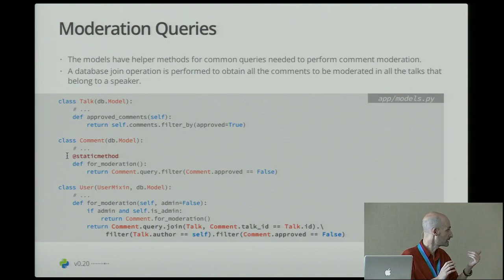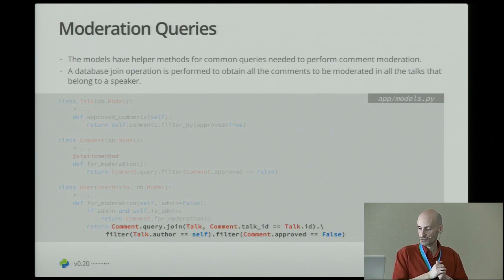And the middle one gives me all comments that are up for moderation, and that will be the query that I will use for admins. And the bottom one is in the user class, and that will give me the comments that are for moderation for one user. And that bottom one is tricky because I need to use a join. This is another database operation.